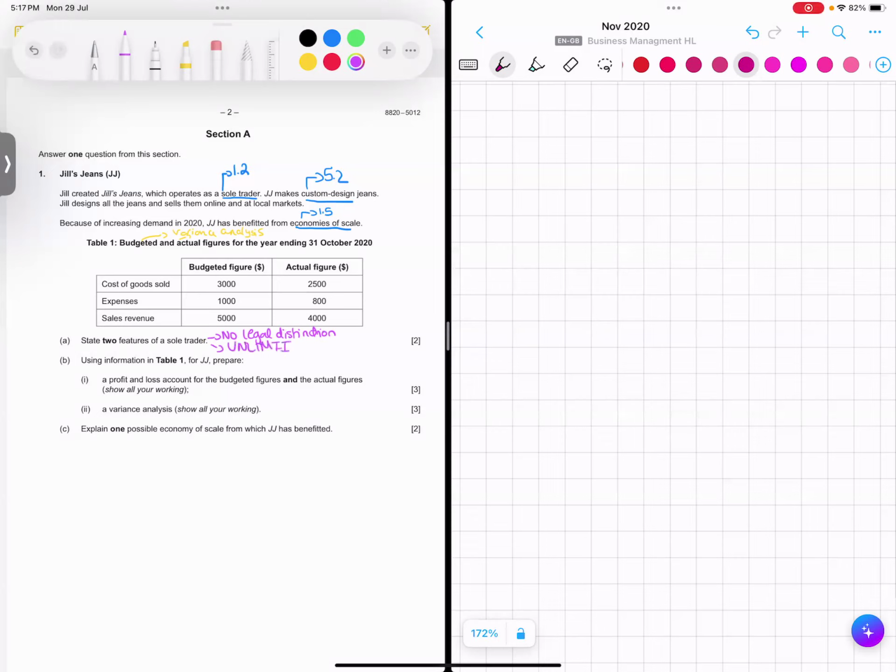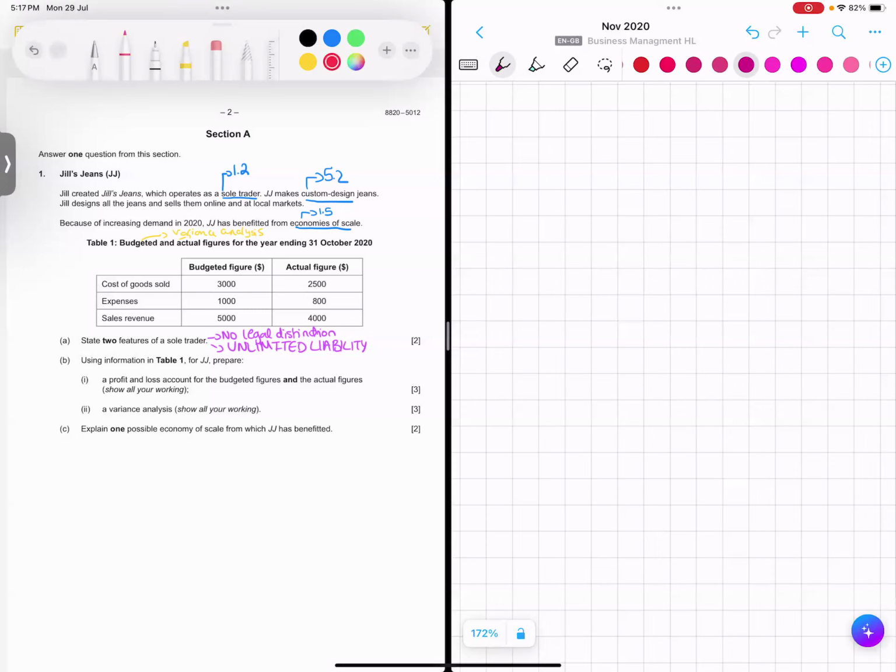These are keywords in the IB syllabus. Unlimited liability means that if the business goes broke and has loans and debts to pay and is unable to do so, then the sole trader's assets will be seized in order to pay for the loans. Okay, and that's it basically. So we explained everything for the sole trader. The business and the owner are the same thing once the entity is a sole trader.